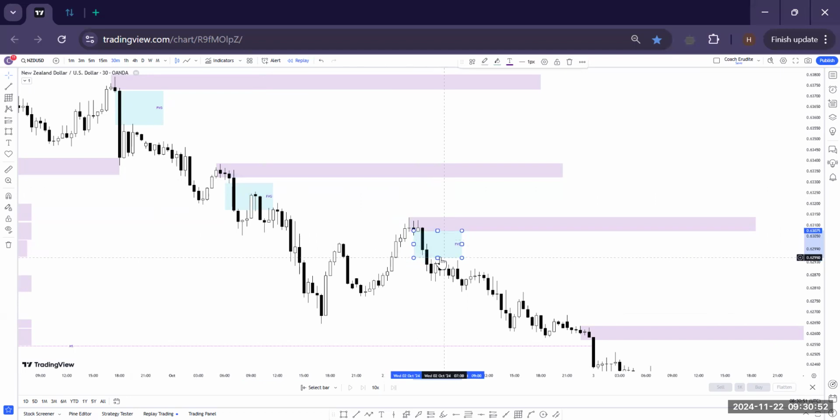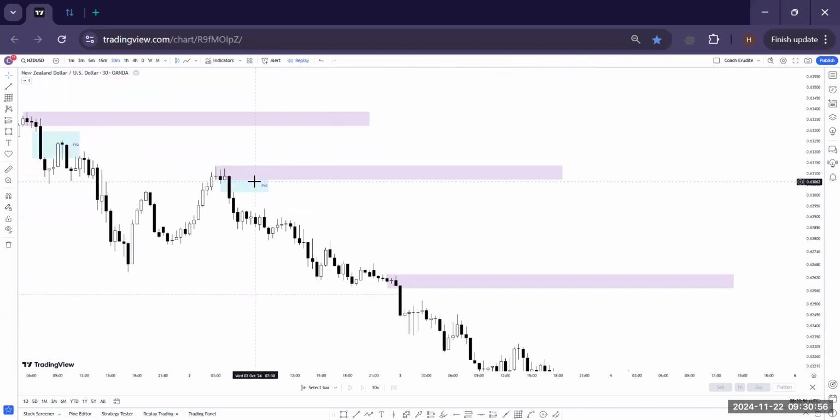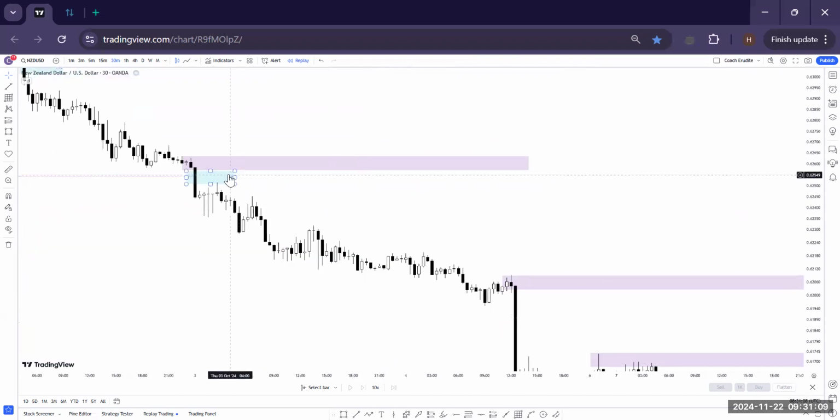We have a fair value gap here. Here another one. And we have one big gap here.